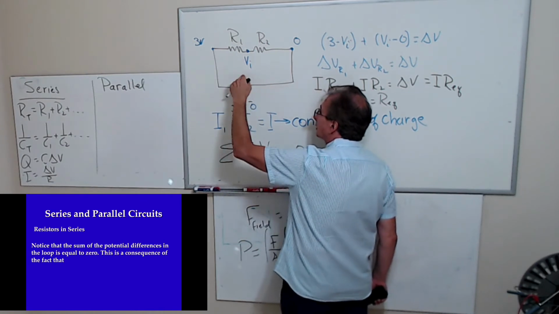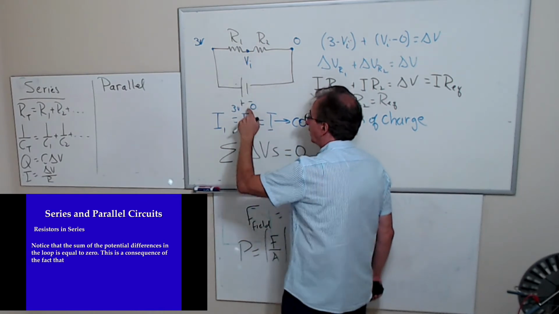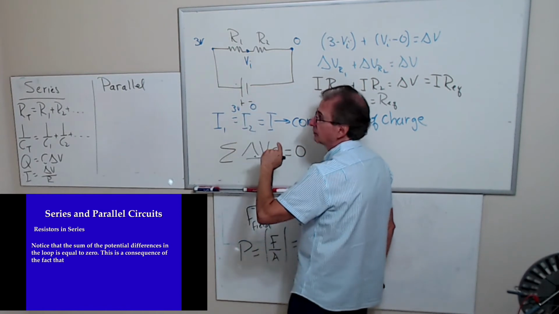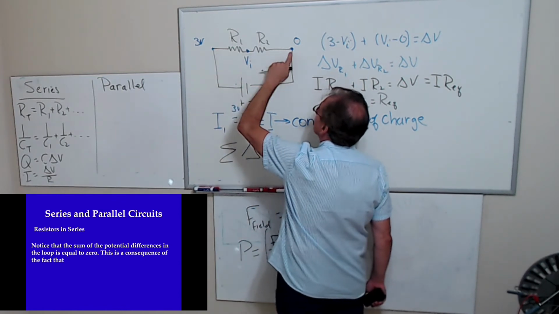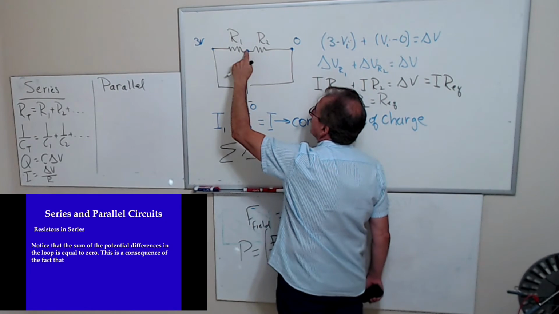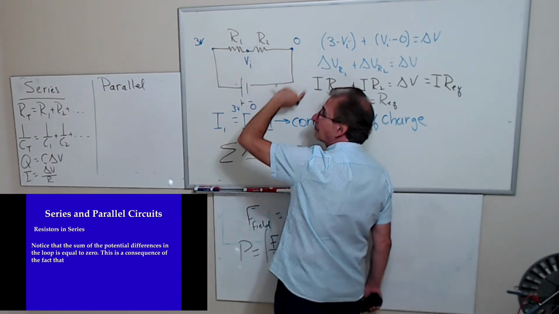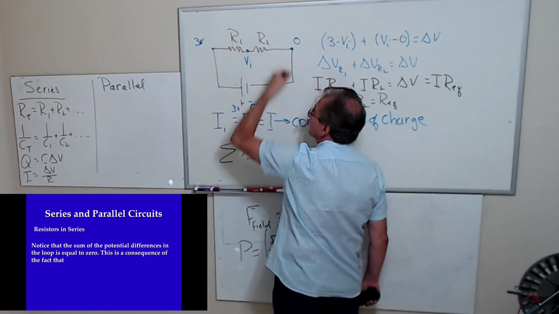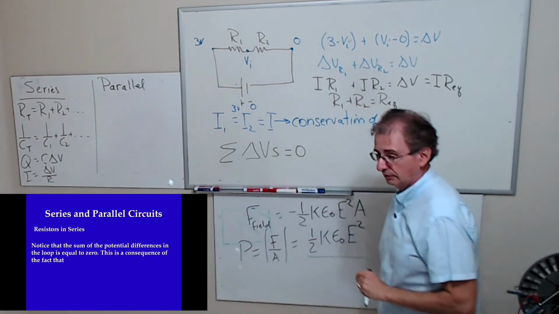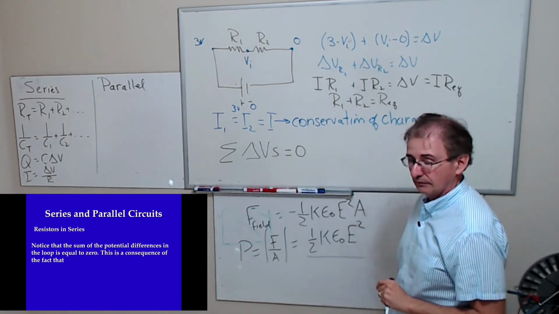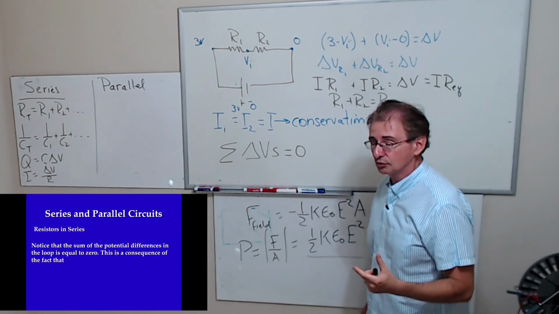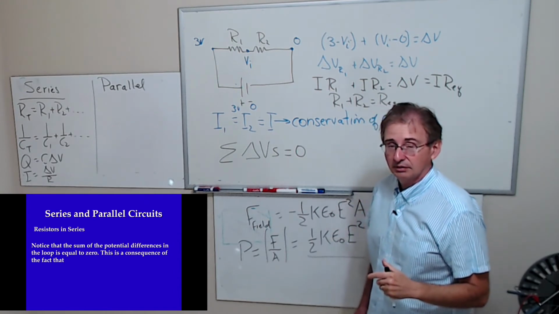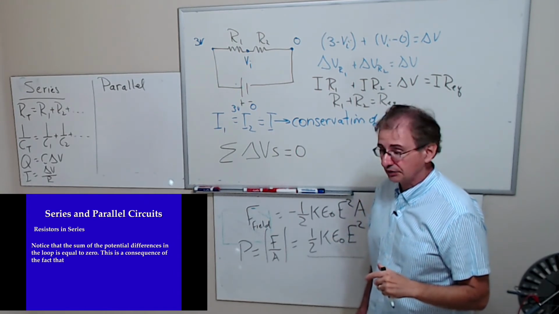So if I sum clockwise, I go from 0 to 3. That's an increase of 3 volts. And then from here to here, plus from here to here, I get a drop of 3 volts. So this goes up 3, that goes down 3, so the sum is 0. That's always true in a loop.